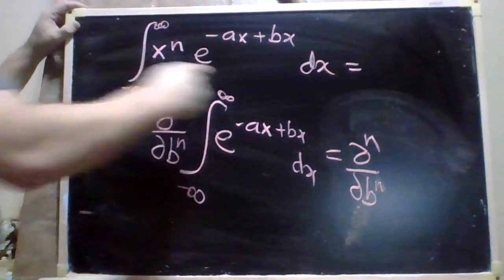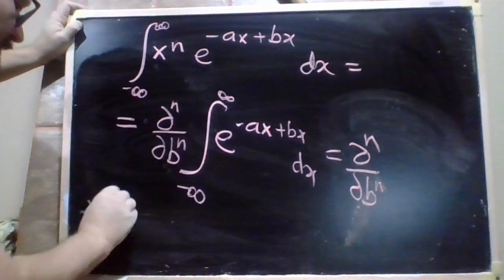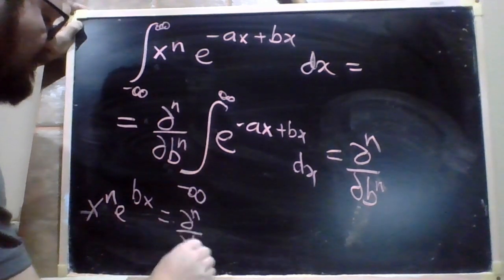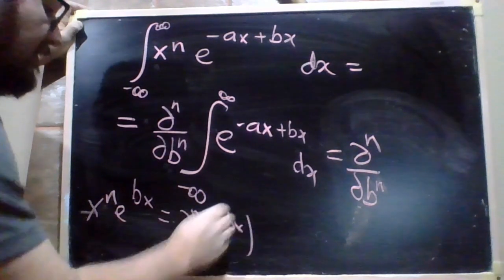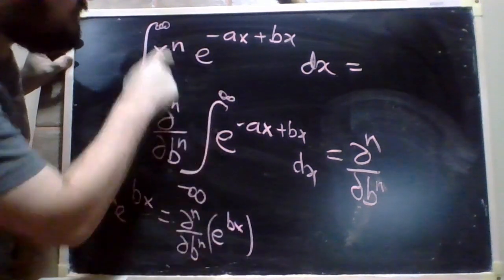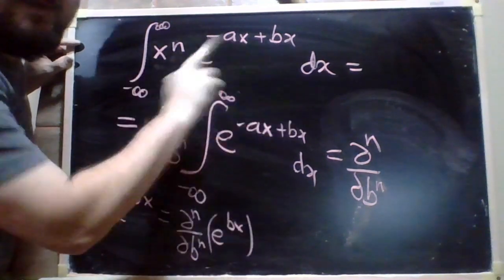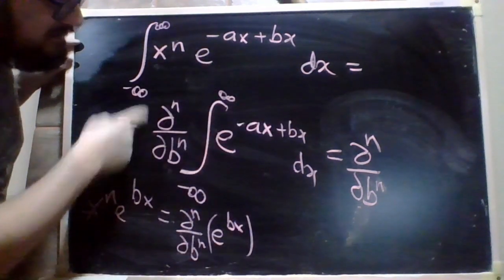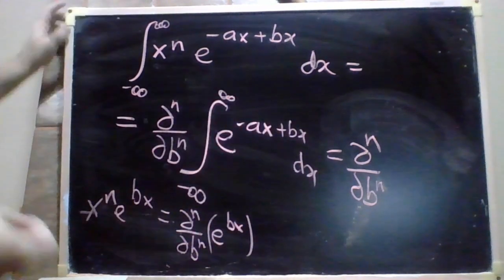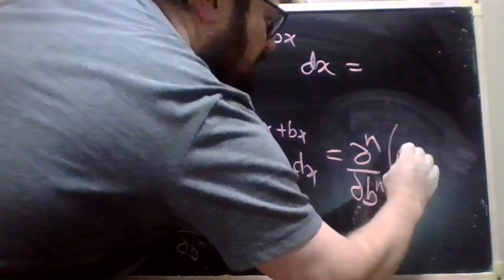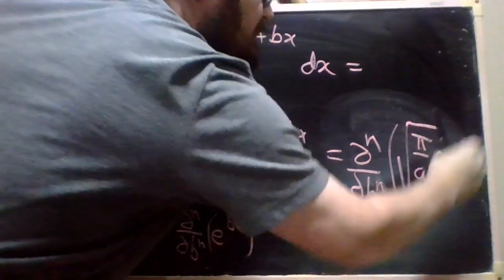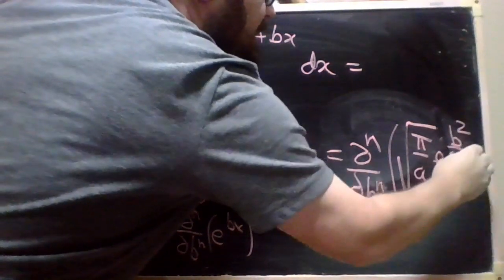All right, x to the n multiplying e to the bx can be written as the nth derivative with respect to b of this exponential here. But the integral of the derivative of that exponential can be commuted, and now the derivative is in front of all that, and this integral is just the Gaussian integral. We already know that. So we will have here the square root of pi over a and the exponential of b squared over 4a.